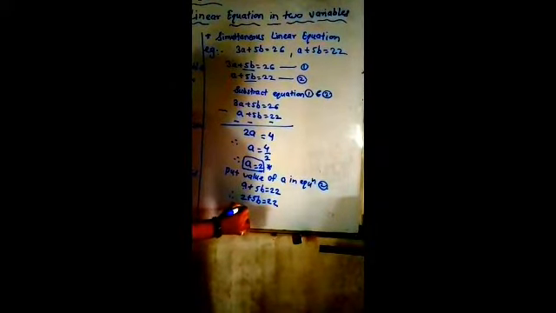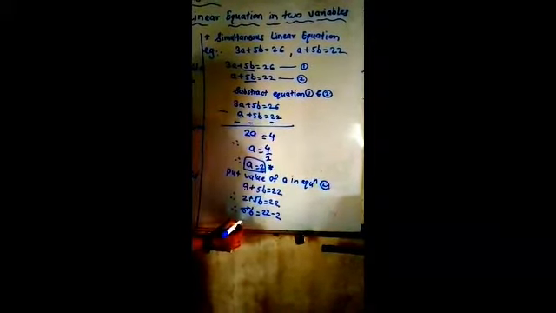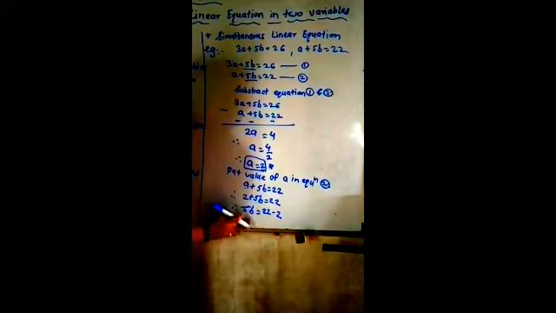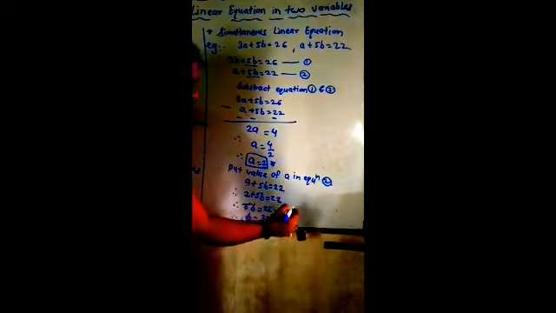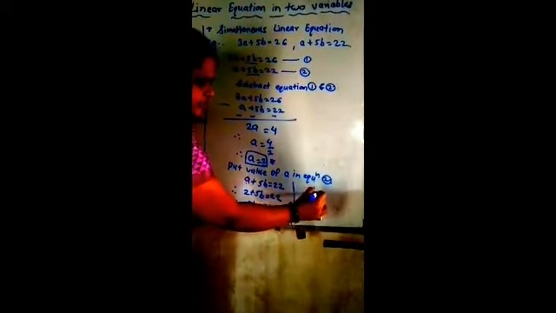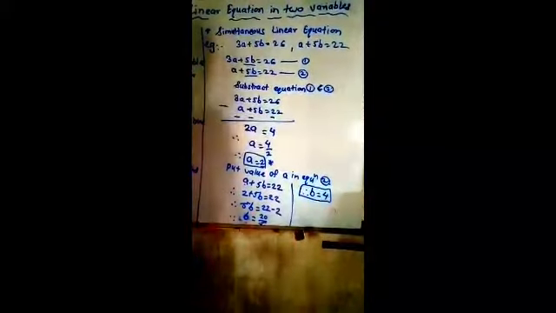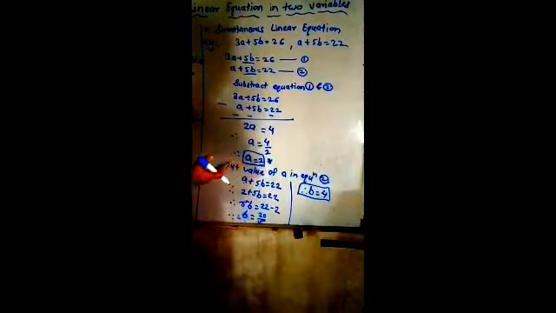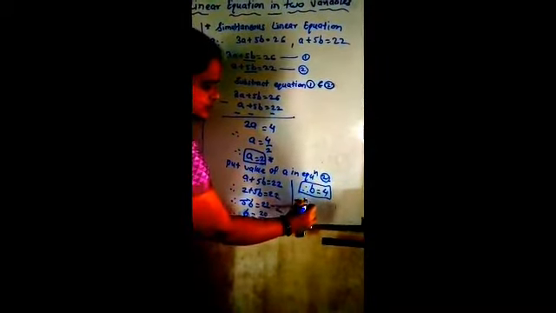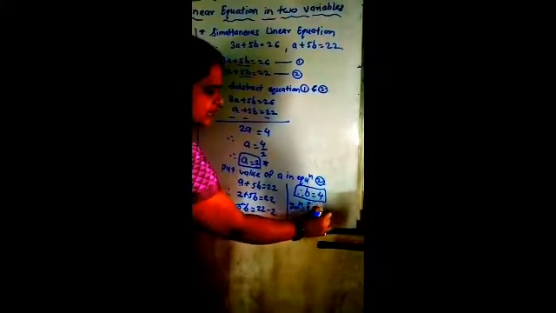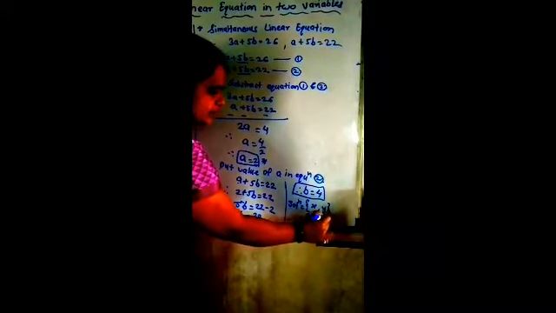Therefore, 5b is equal to 22 minus 2, so 5b is equal to 20 upon 5. Then we get the value of b is equal to 4. Then we get the solution of this equation, means we find the value of a and b, and it is written down in this form: solution is equal to, in curly bracket, x, y, and then put the value 2 and 4.